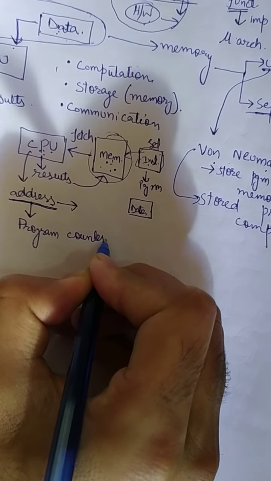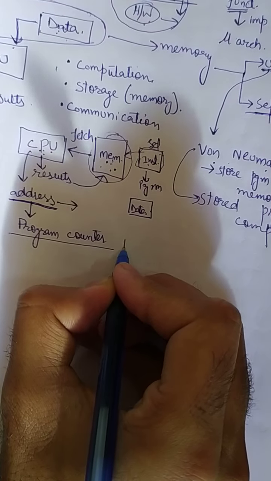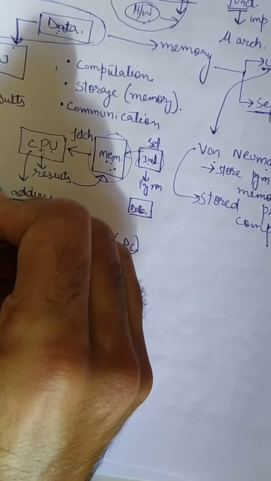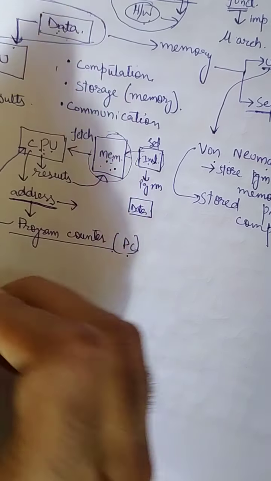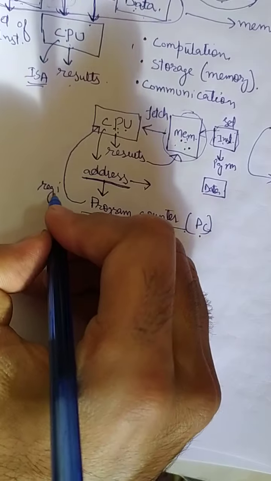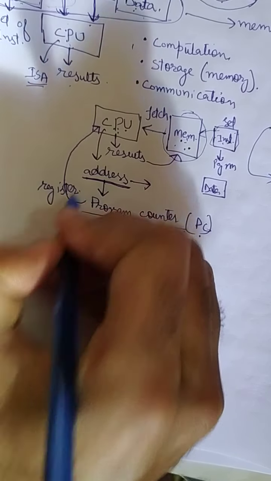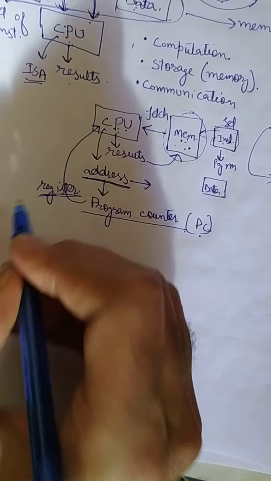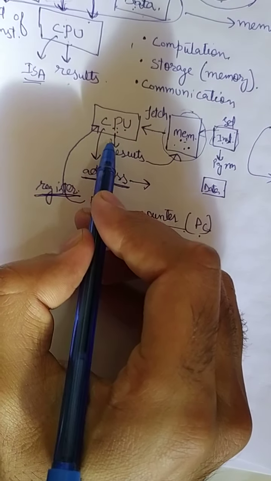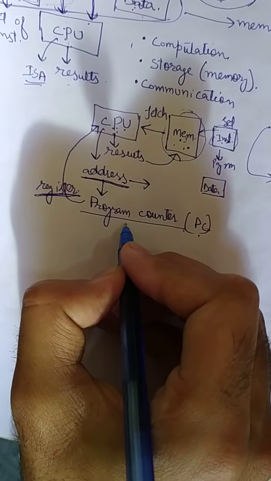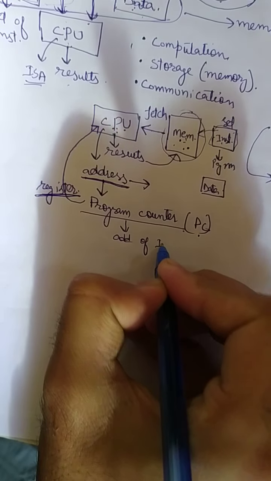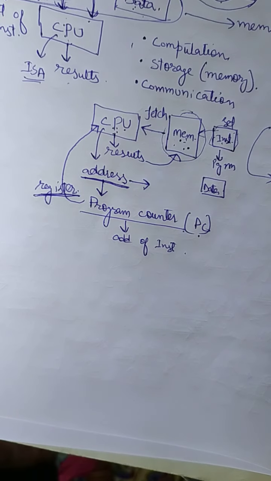So this program counter, which we call PC, is a special memory location, or we say it is a register. Register means made of flip-flops. It is a register inside a CPU that stores the address of the instruction that is to be executed.